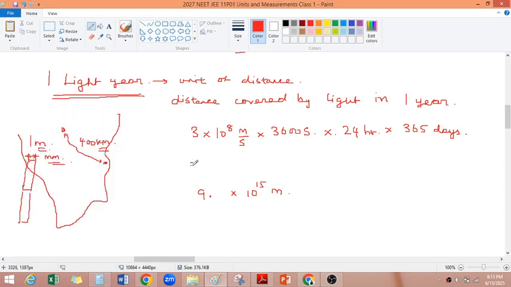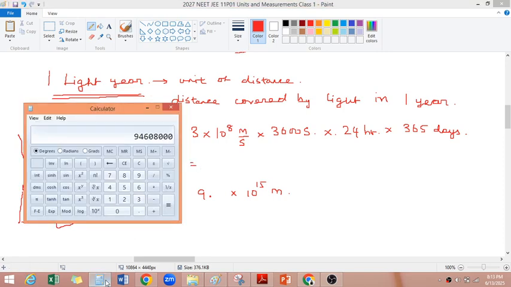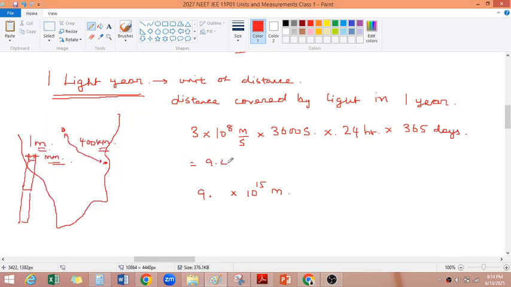So I'm getting 9.46 into 10 power 7, and then there is a 10 power 8. So 7 plus 8, it will become 15. So approximately you can say 9.46 into 10 power 15 meters.